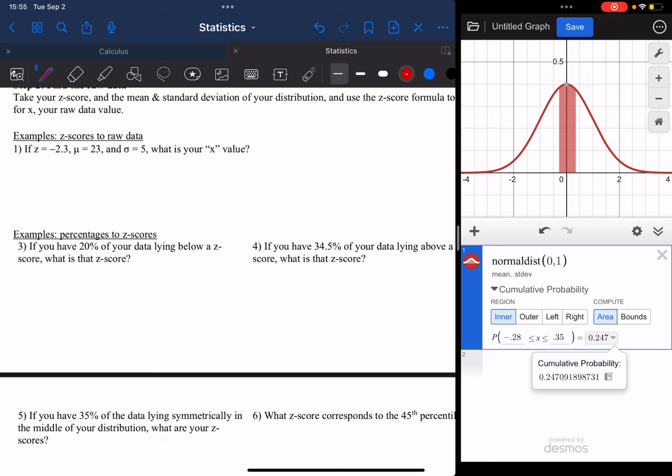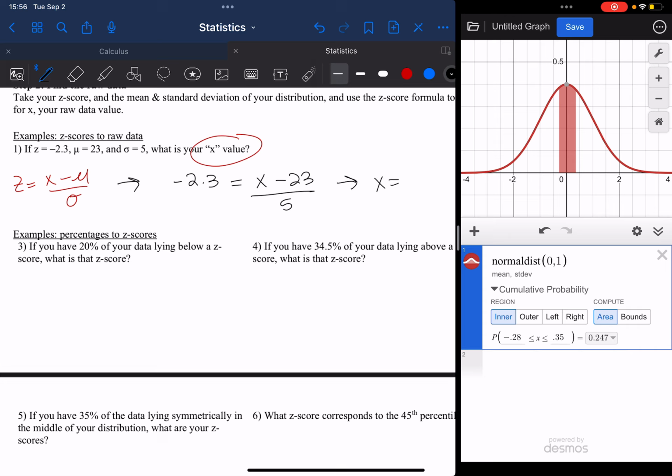Well, Z is equal to X minus mu over sigma, which means I have negative 2.3 is equal to X minus 23 over 5. And if I get X by itself, I get X is equal to 11.5.